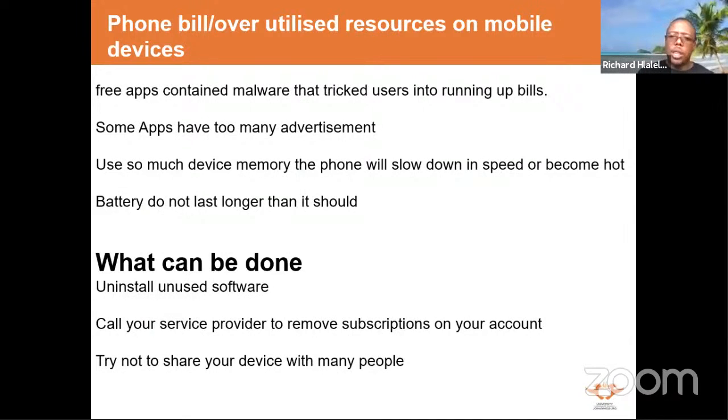Then the other thing that we've seen, especially around mobile devices, now we're talking cell phones, is that people would complain that either their airtime gets finished quickly or their monthly bill is high, and they didn't know what the cost was.